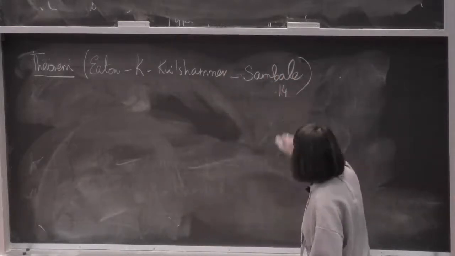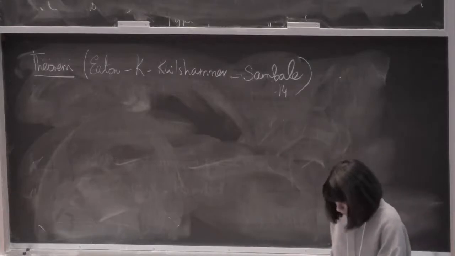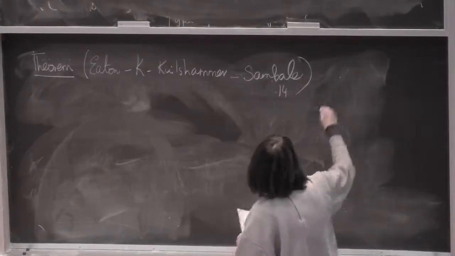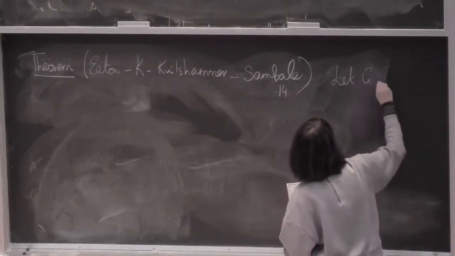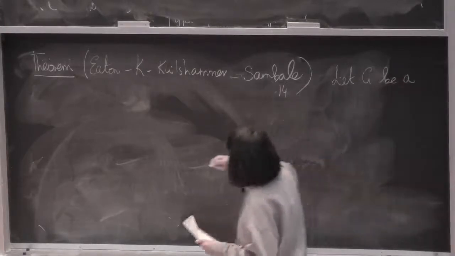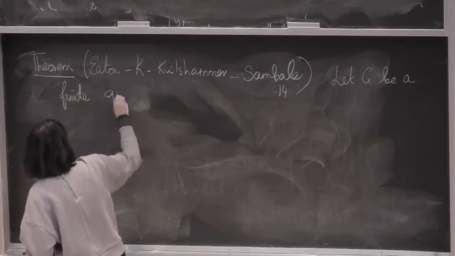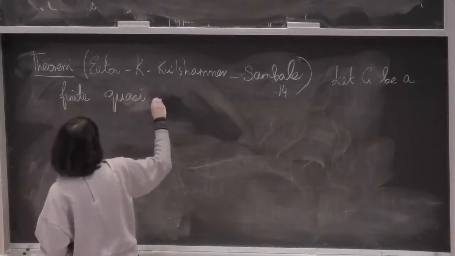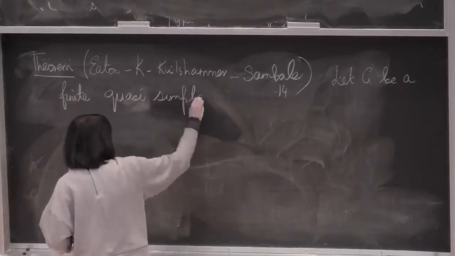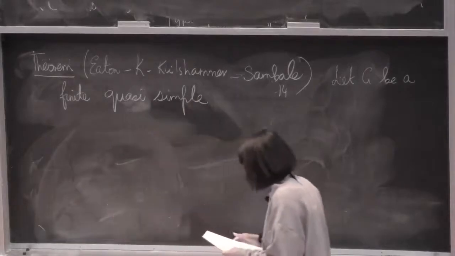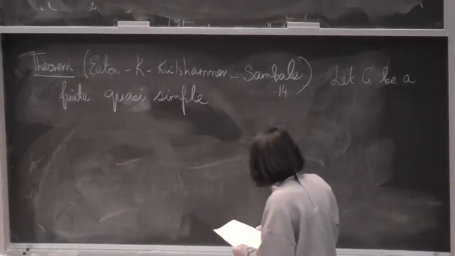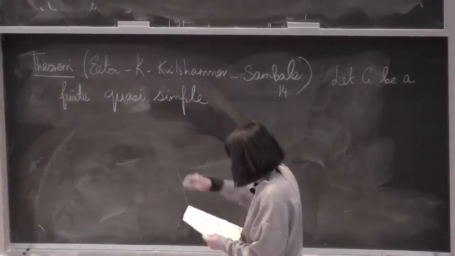It came up four or five years ago, and it says: let G be a finite, I'm just going to weaken simple to quasi-simple, it's not so important for this talk, but for block theory it is an important weakening.